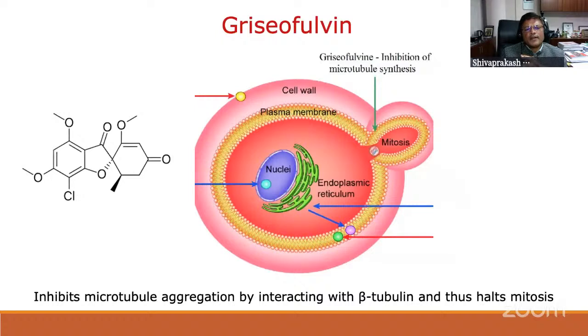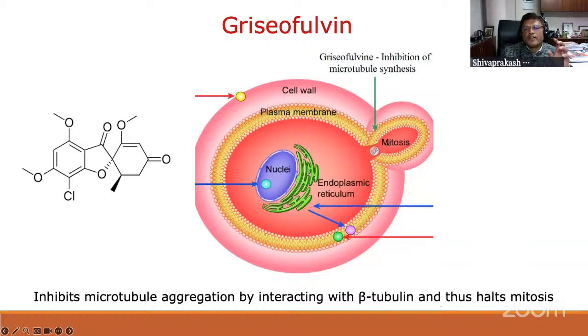Next coming to griseofulvin. Griseofulvin inhibits microtubule synthesis. It mainly acts on the nucleus, disrupting microtubule aggregation by interacting with beta tubulin, and thus halts mitosis.